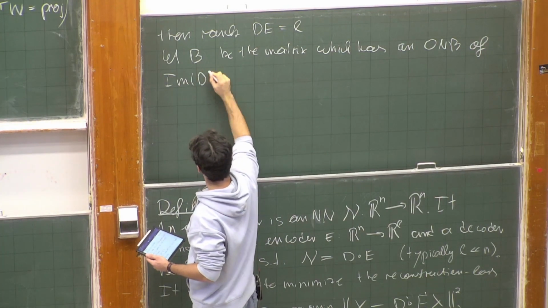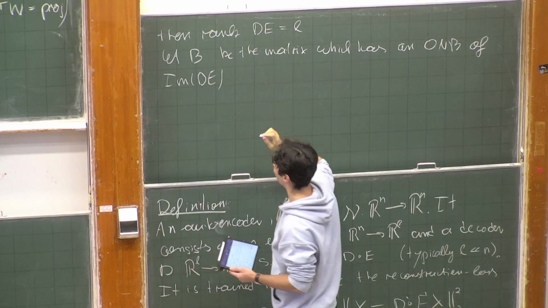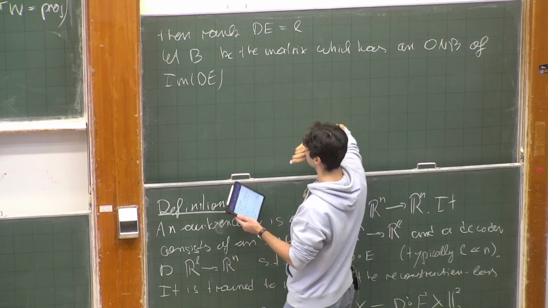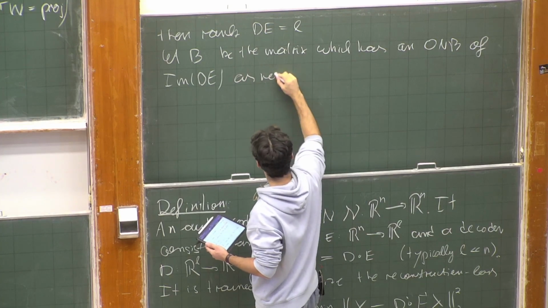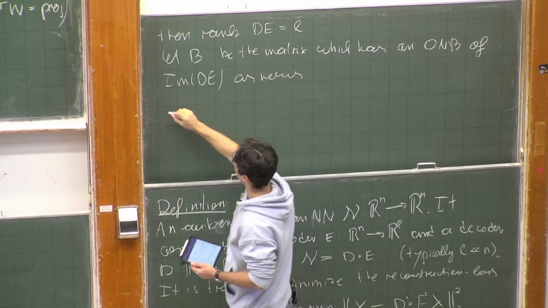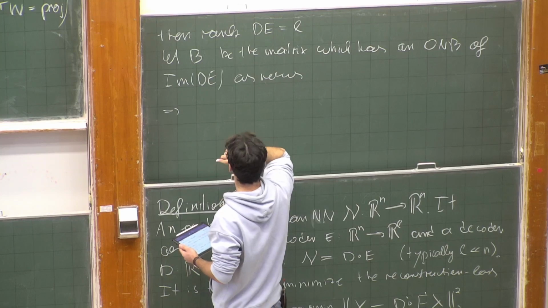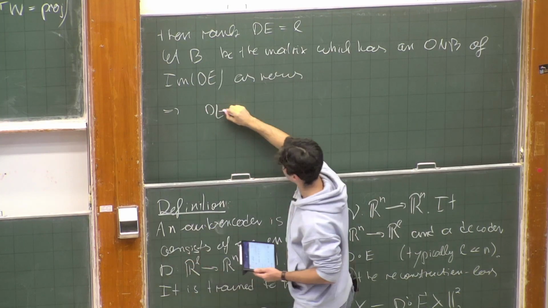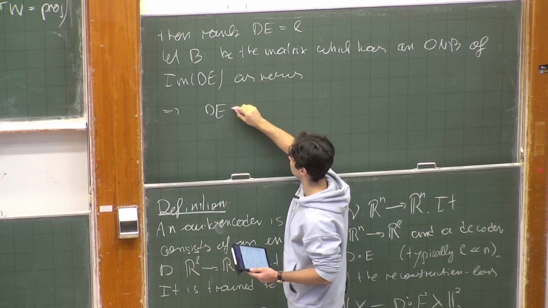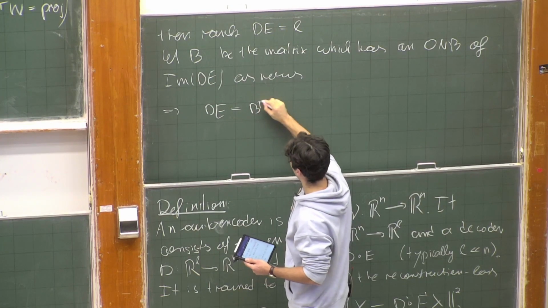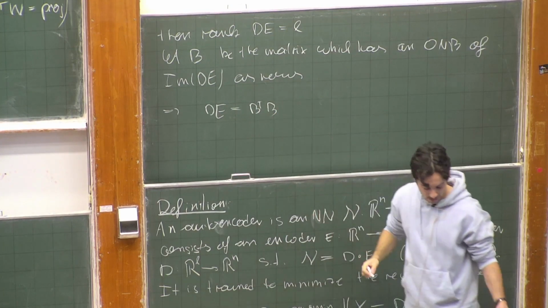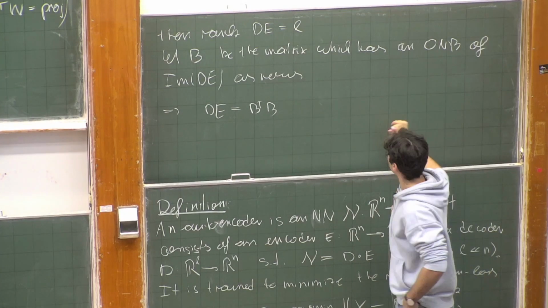The image of DE is a vector space, and we can pick an orthonormal basis of this as rows. Then we claim that in this case, DE, so the neural network basically, is already given by B transpose B. And why is this the case?